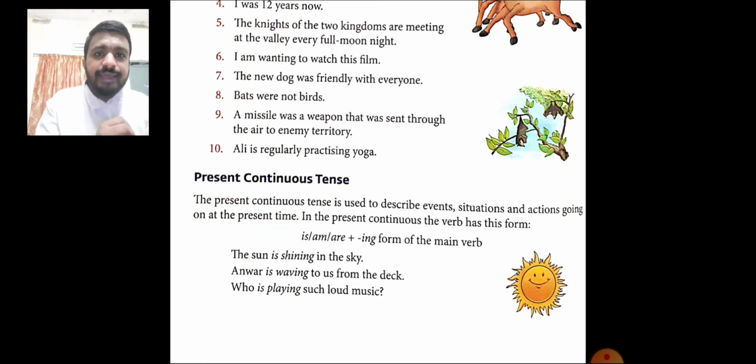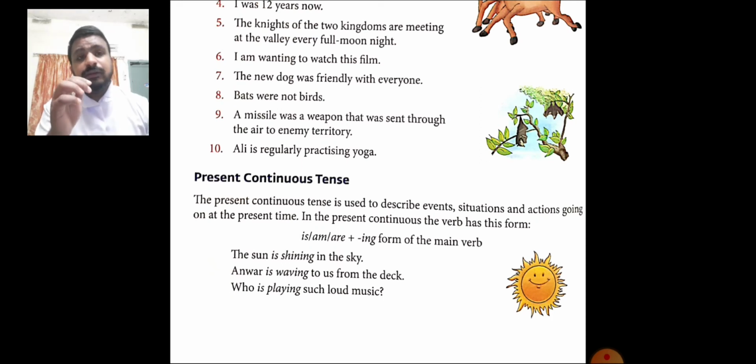I think from these examples, you might have understood how to use is or am or are. Am is used with I. Then are is used with you in singular as well as plural, and they. Then is is used with third person singular, that is he, she, or it, or any other person in the singular form.